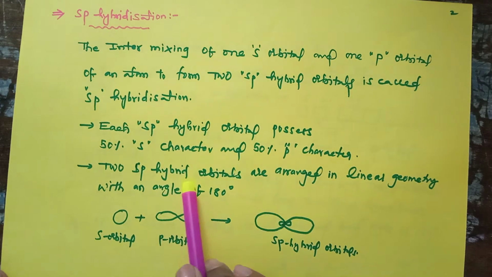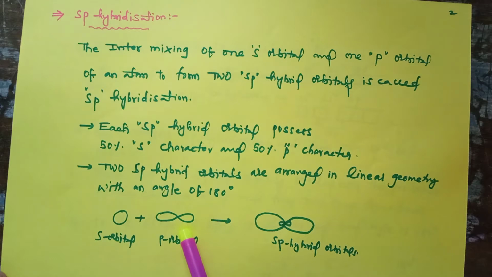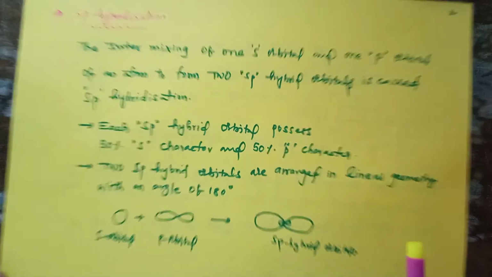The two sp hybrid orbitals are arranged in linear geometry with an angle of 180 degrees. The s orbital has a spherical shape and the p orbital has a dumbbell shape. On intermixing, they form two sp hybrid orbitals.